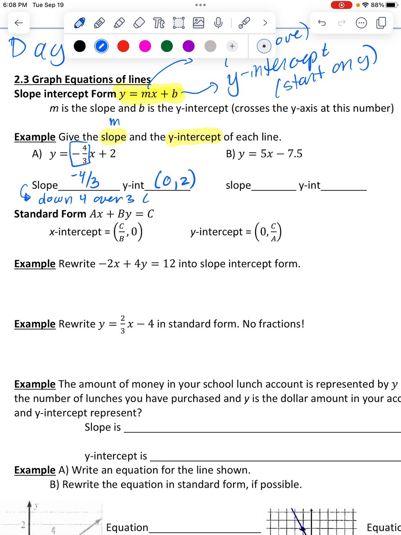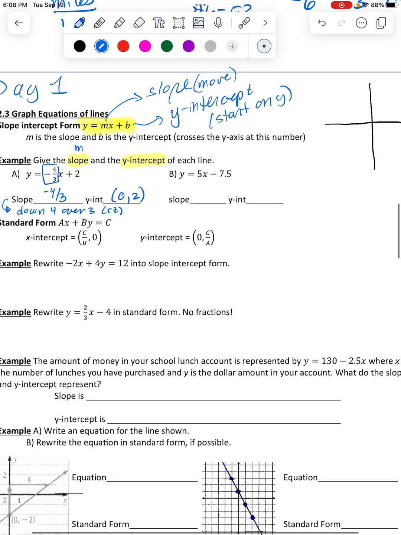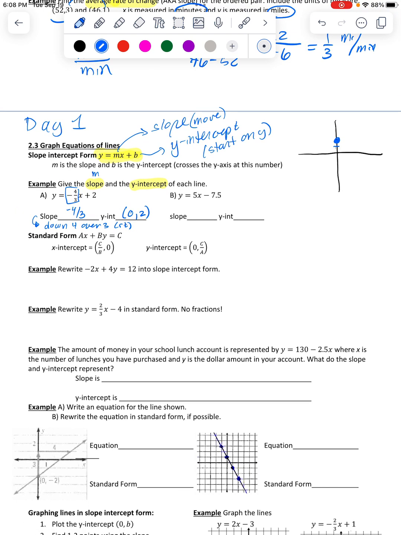And when you're moving over, you're always moving to the right. So I'm going to go over here and pretend I'm graphing that. So I would start at 2 on the y-axis, and then I'm going to count down 1, 2, 3, 4, over 1, 2, 3. And then I can keep going if I want to make my line straight, or I can use Notability because it's brilliant. It makes my line straight for me. Awesome. So I went down 4 over 3 to get there.